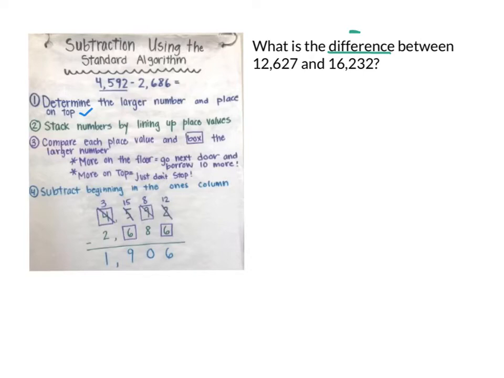In both numbers, the digit in the 10,000s place is 1. So this does not help me compare, so I move to the next greatest place value, the thousands place. In my first number, we have a 2 in the thousands place, and in the second number, we have a 6 in the thousands place. I know that a 6 in the thousands place has a greater value than a 2 in the thousands place, so the larger number is 16,232. So that number is going to go on top.